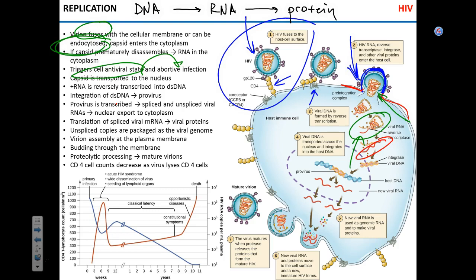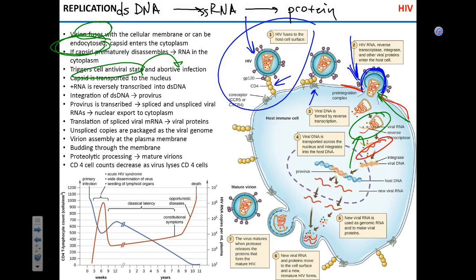So, remind me please, molecule of DNA, how many strands are there? Normally in a cell. 2, so double-stranded, right? And RNA, the mRNA is 1 strand, so single-stranded. So that's normal transcription, right? Double-stranded DNA into single-stranded RNA. So HIV does exactly opposite.